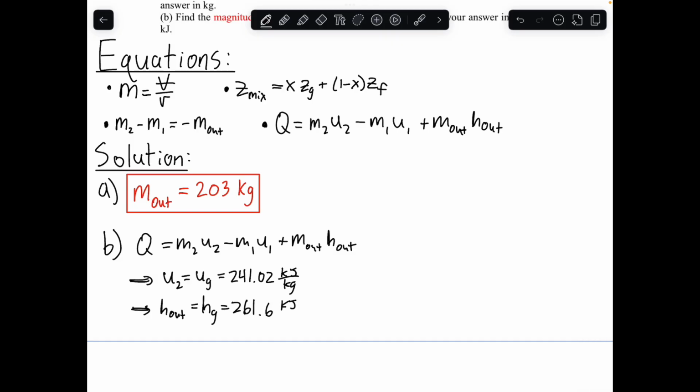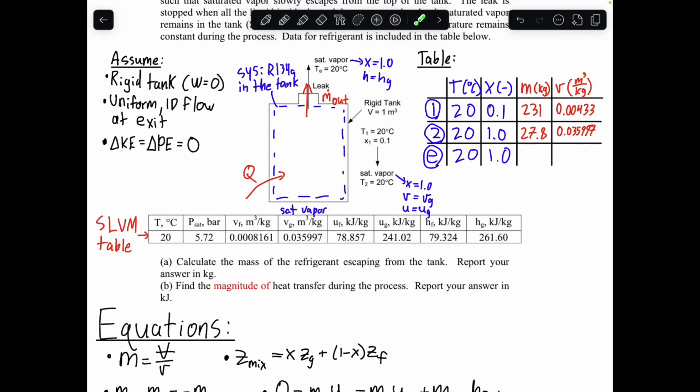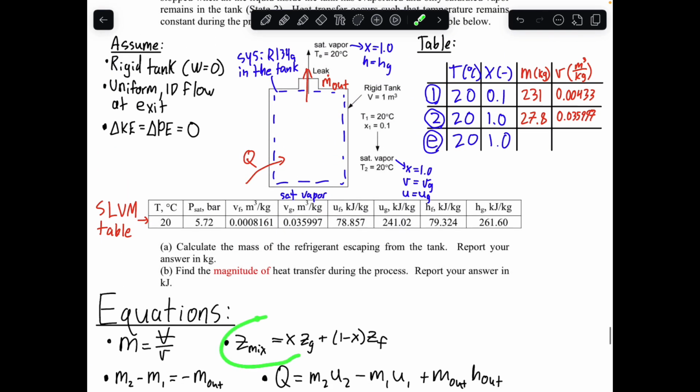kilojoules per kilogram. And the last thing we need to solve for here is our internal energy at state 1. We can solve for that by using our equation for quality that we have here. But now instead of specific volume for Z, we're just going to plug in internal energy, because we know the quality at state 1 is 0.1.